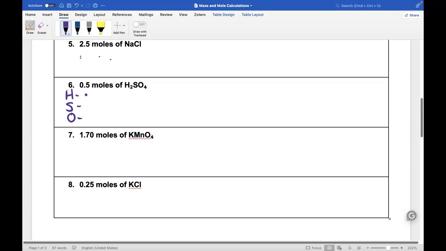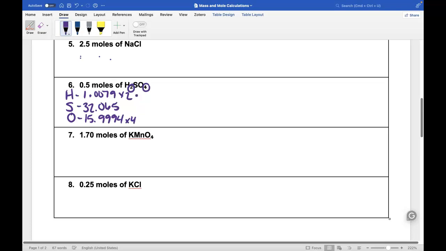Hydrogen is 1.0079. Sorry, that point's kind of hard to see. Sulfur is 32.065, and oxygen is 15.9994. Now I have 2 hydrogens, so that number has to be multiplied by 2, and I have 4 oxygens, so this has to be multiplied by 4.